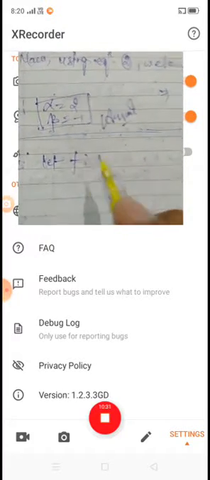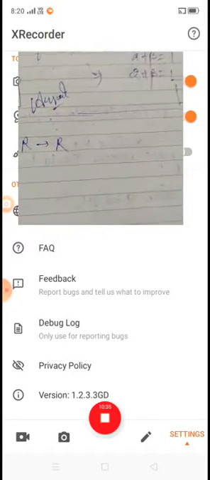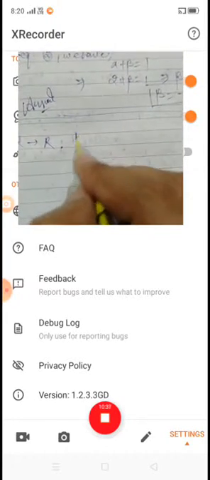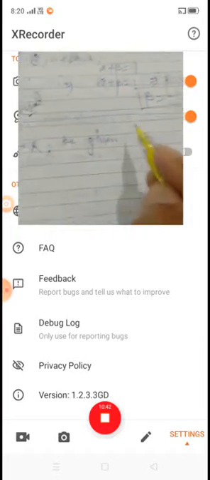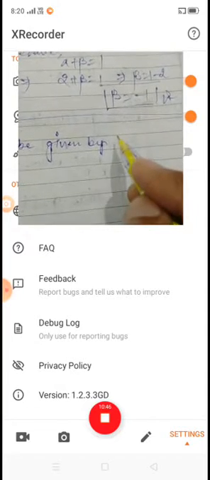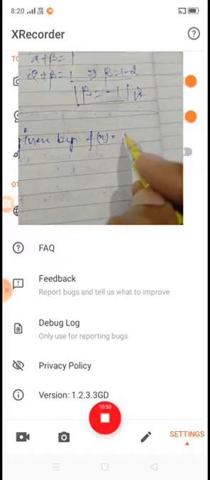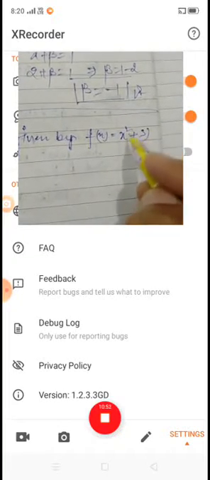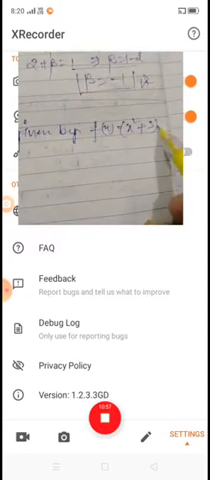Let a function f from R to R be given by f of x is equal to x square plus 3.